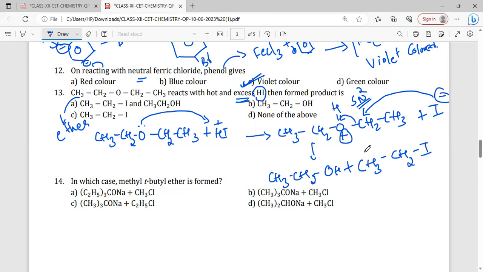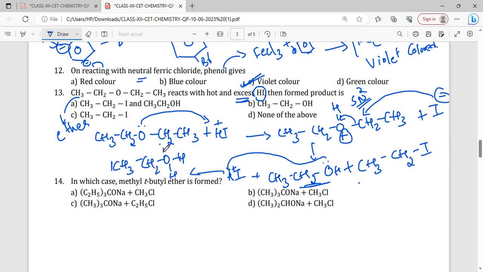Now, we cannot stop here because they have mentioned that they have taken excess of hydrogen iodide. The alcohol formed can again react with hydrogen iodide. So what happens if it again reacts with hydrogen iodide? The oxygen lone pair will attack this H plus and it will form CH3CH2OH2 plus.